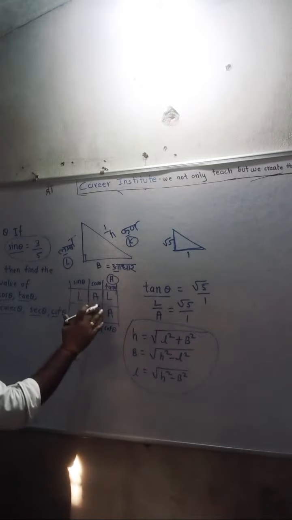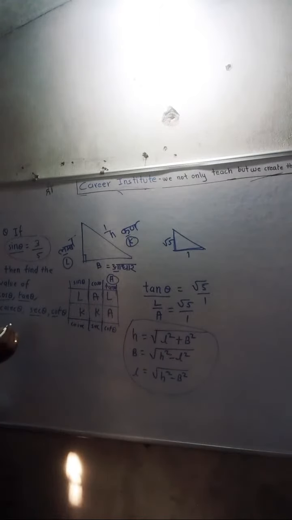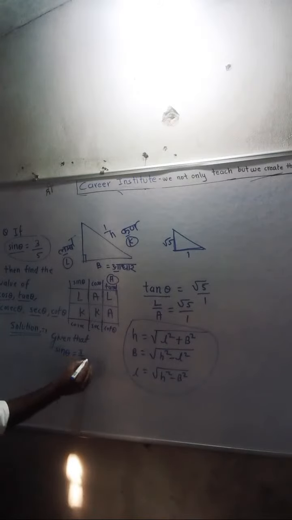Should I erase this? No. Okay, let's see. So first of all, let's write down the solution. After that, what we have to write down? Given. So whatever is given, write down. Sin theta is equals to 3 divided by 5.